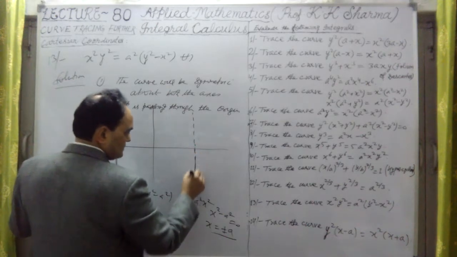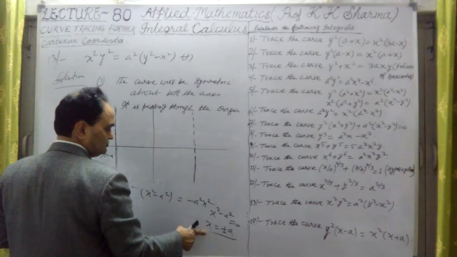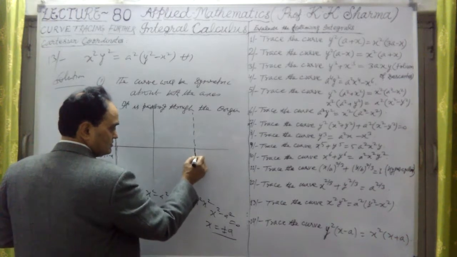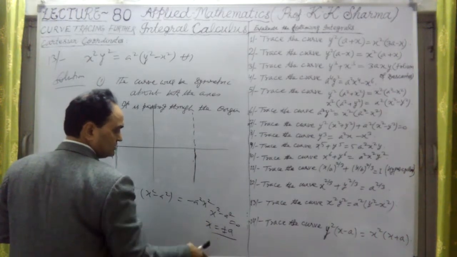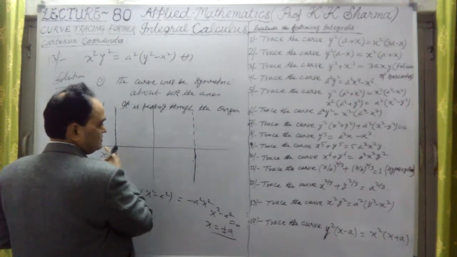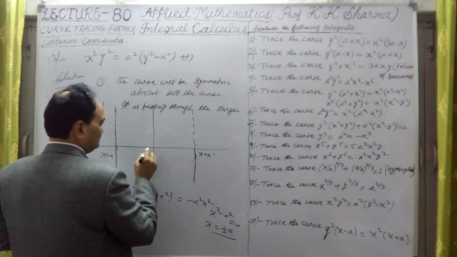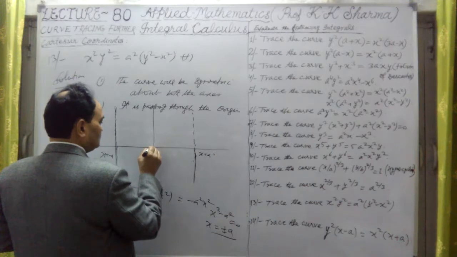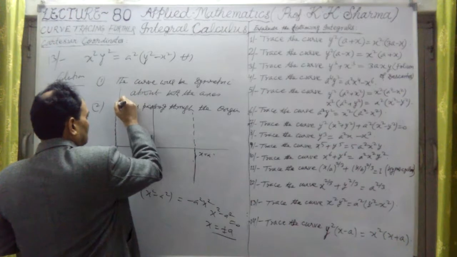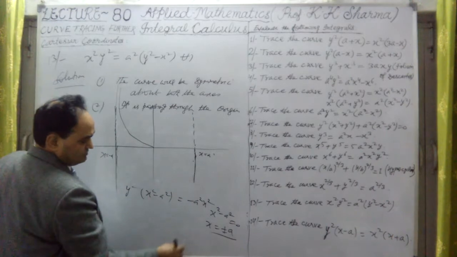So what is the curve here? When x tends to the negative value minus a, y tends to infinity, as we have seen.